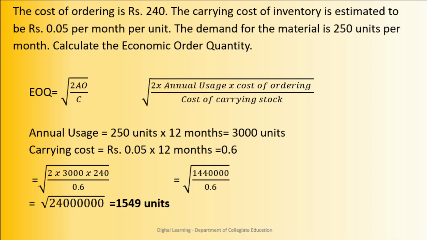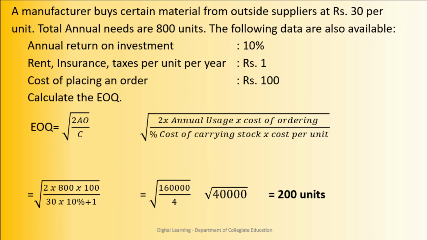When you simplify, you get square root of 14,40,000 divided by 0.6. When you further simplify, you get root of 2,40,000. So, root of 2,40,000 is 1,549 units.